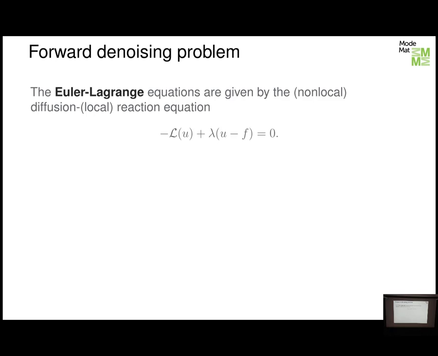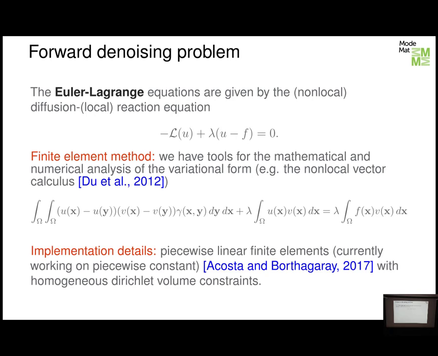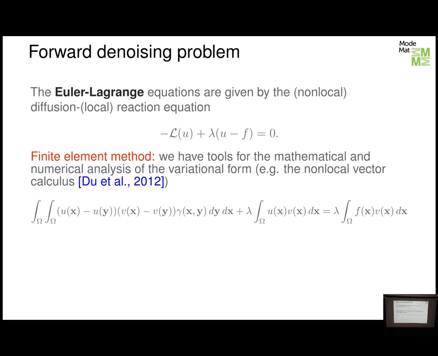Now you can write down the Euler-Lagrange equations for that lower level problem. The good thing about that is that we already have some tools to deal with these kinds of equations, and we have some mathematical and numerical analysis results for this kind of variational formulation of the problem.